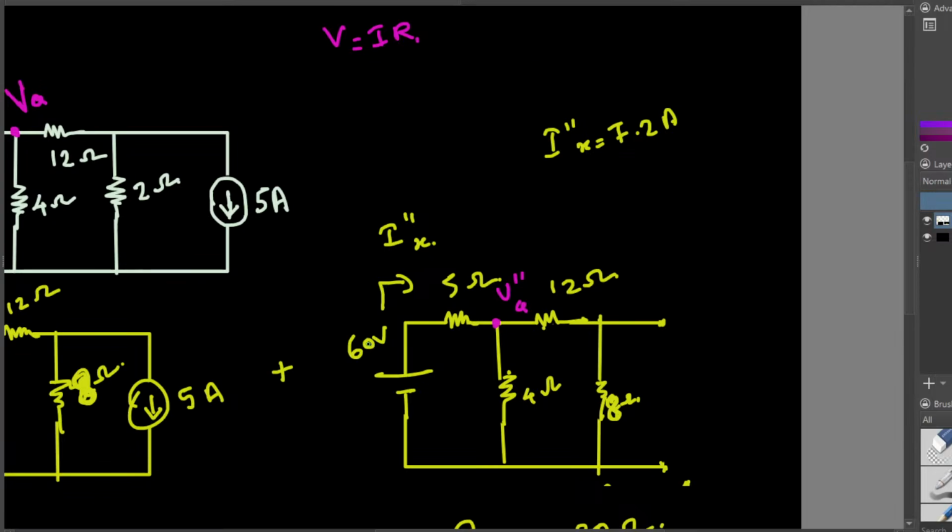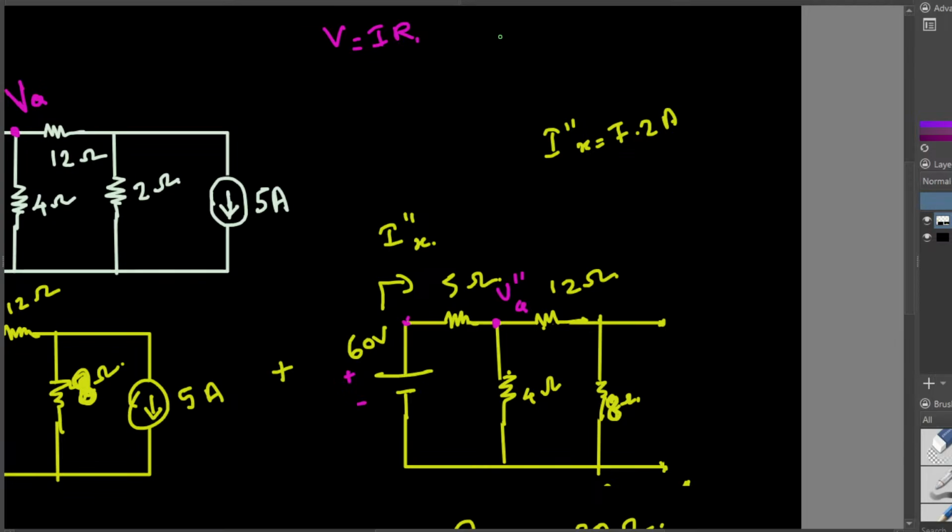To find out the voltage, you can see logically, this is a plus sign right here, this is minus. When we have a plus on top, at this point the voltage is going to be 60 volts as well. So this node is at 60 volts, and then current goes from 60 volts to this 5 ohm resistor, and when it passes through the resistor, there's going to be a voltage drop.